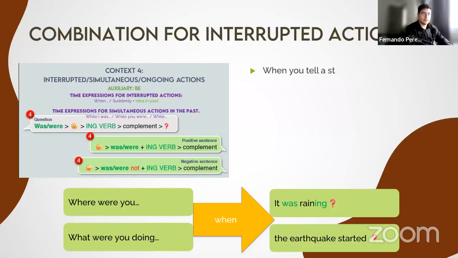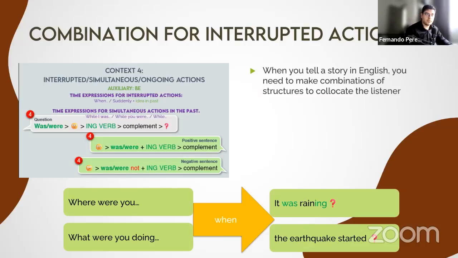When you tell a story in English, you need to make combinations of structures to put the listener in the correct context. In this example, you have was and were plus ing, and then you connect another sentence in simple past, like this.